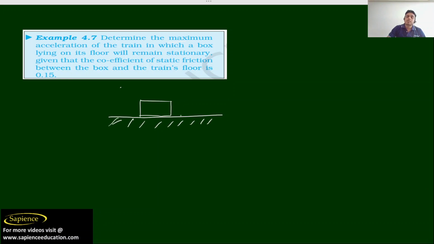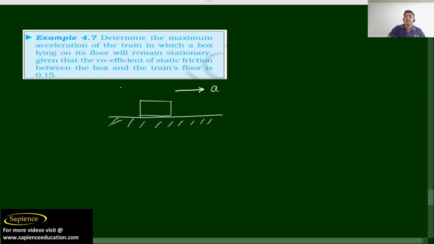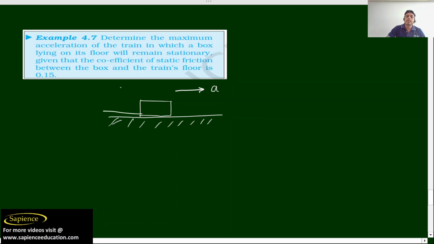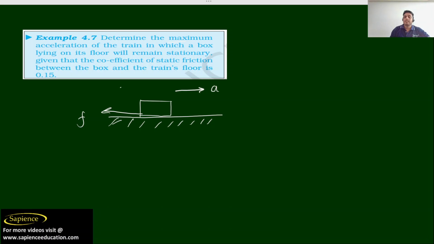Let us say the train is moving in this direction, and the train has an acceleration of a. Frictional force will be applied like this. Now see what happens in this question. They are asking to determine the maximum acceleration.